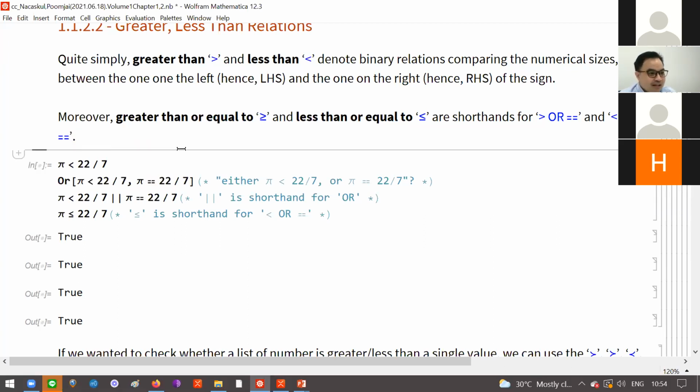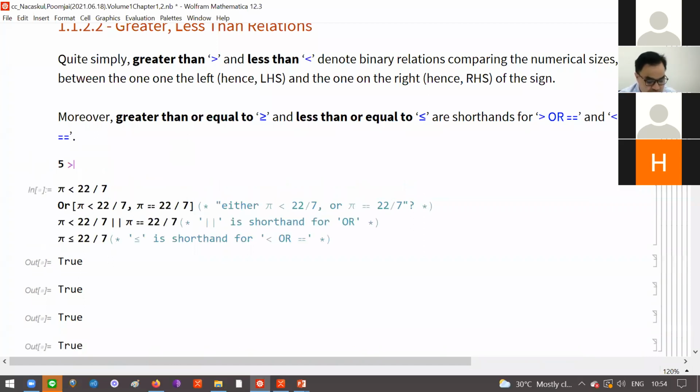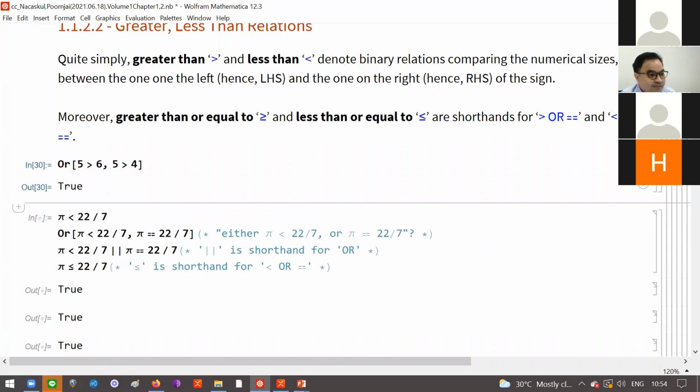So 5 is greater than 4. 5 is greater than 6. That's false, right? That's true. 5 is greater than 6 is false. 5 is greater than 4 is true. But if all I do is say or, then it is true.